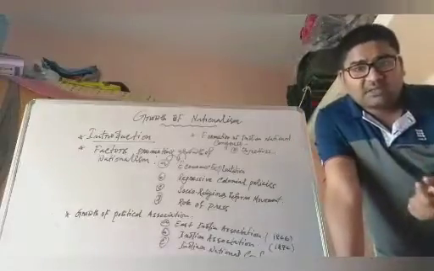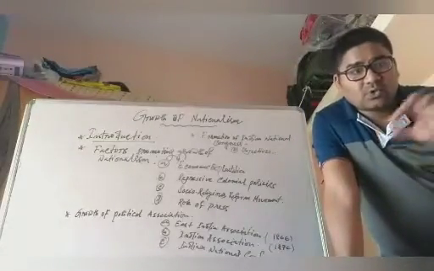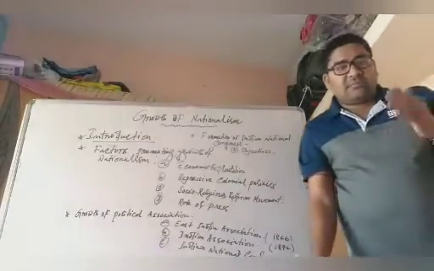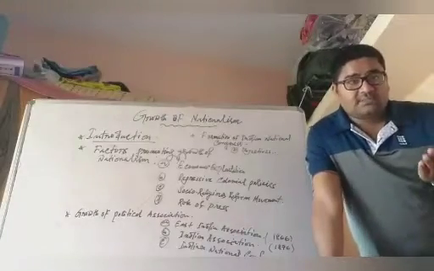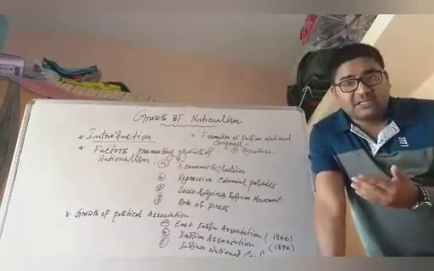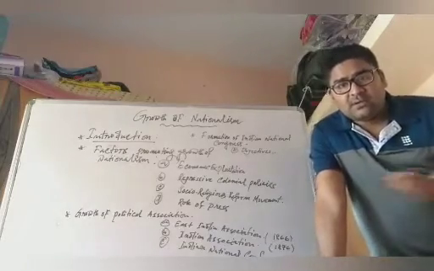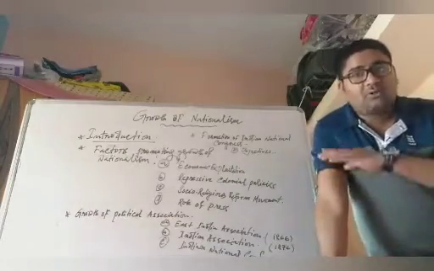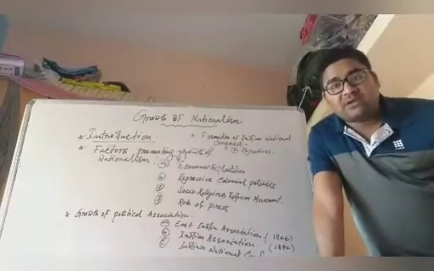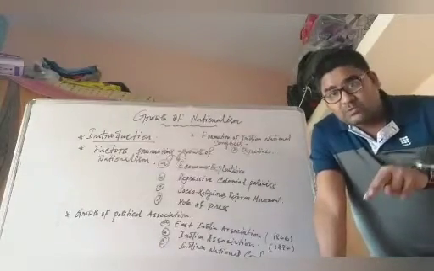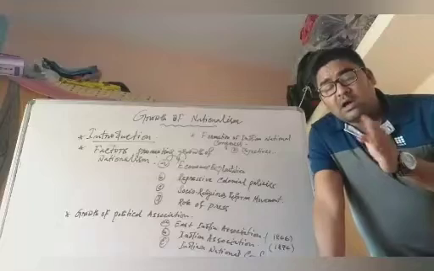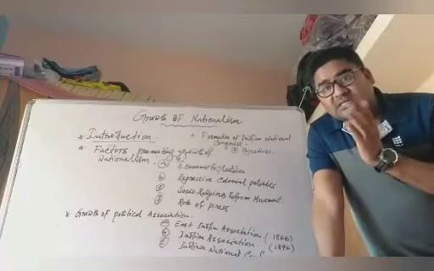Number one, it was through the newspapers or the press that the message of patriotism and modern liberal ideas like liberty, equality, fraternity, nationalism, and democracy were spread in the entire country. Number two, the press also carried daily criticism of the British unjust policy.